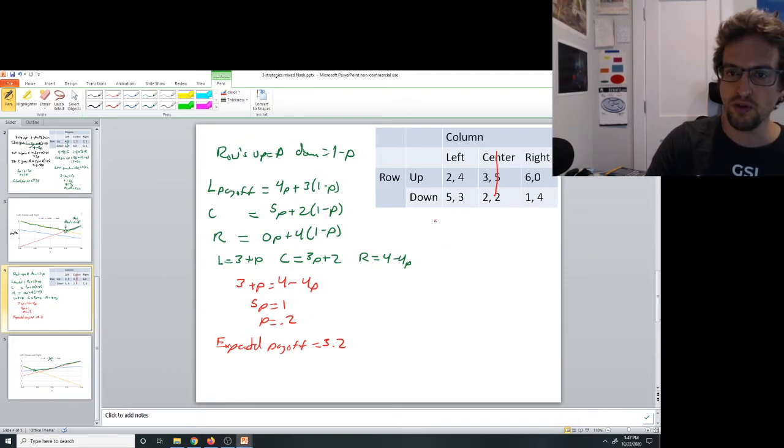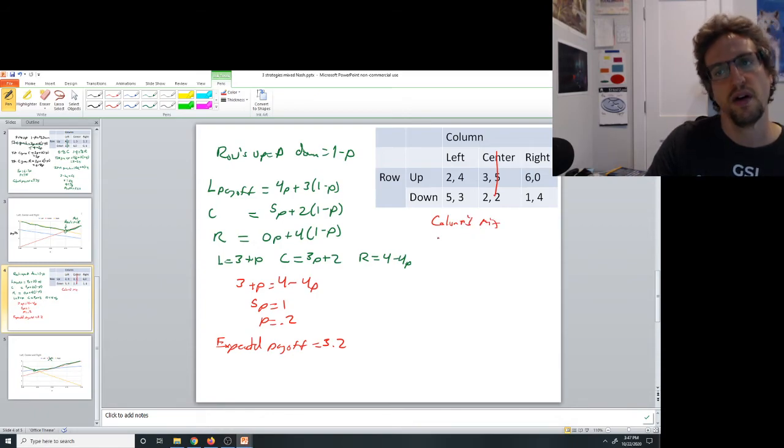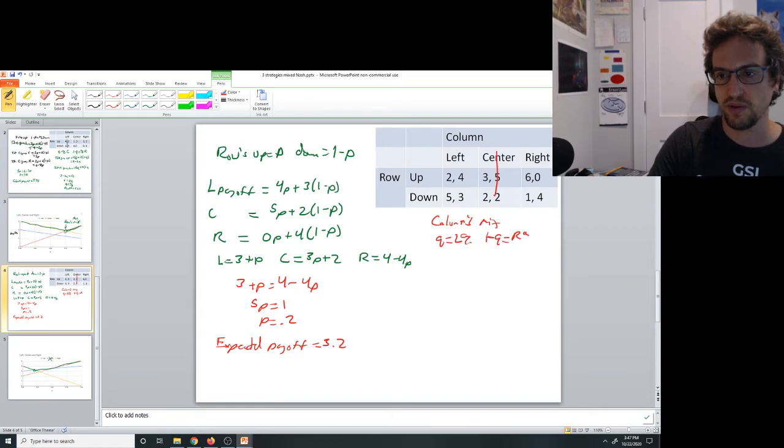Now I do it for Row. So column's mix is Q equals left percent, 1 minus Q equals right percent.